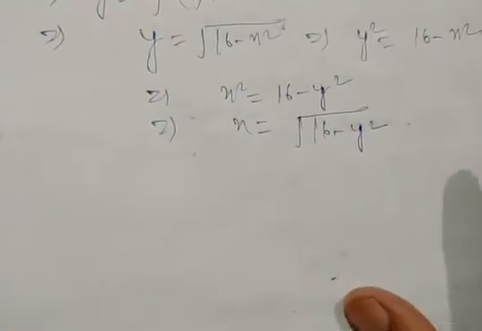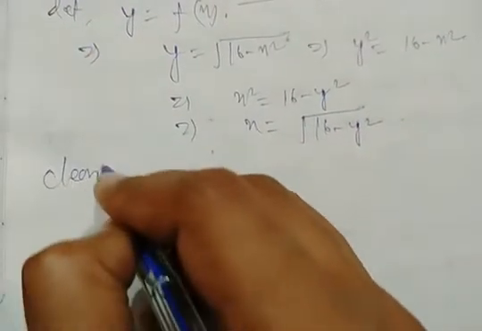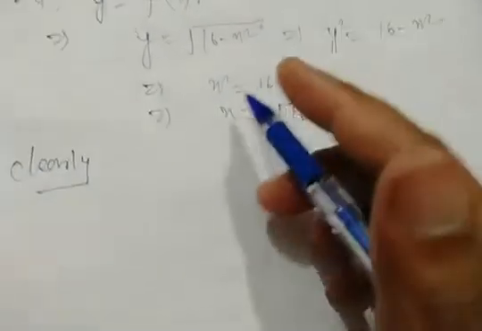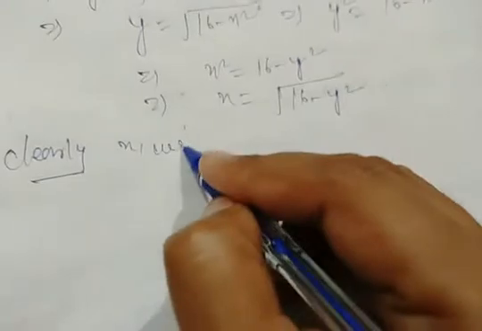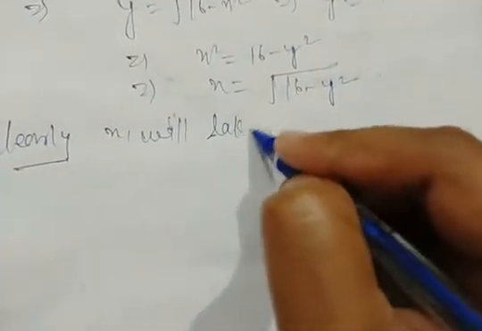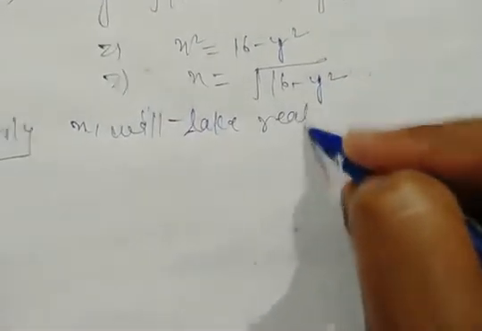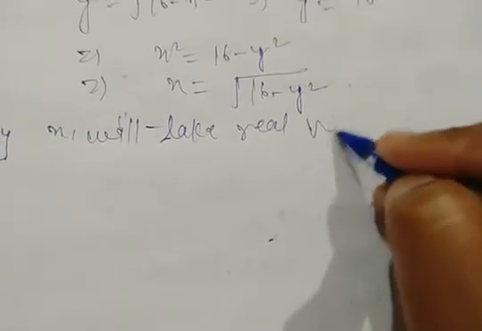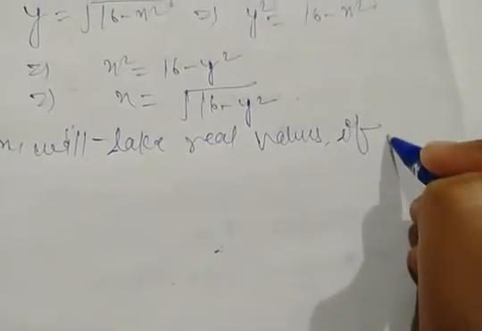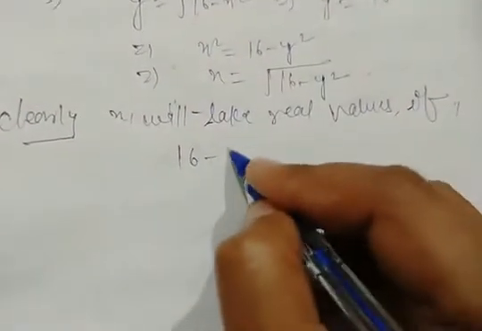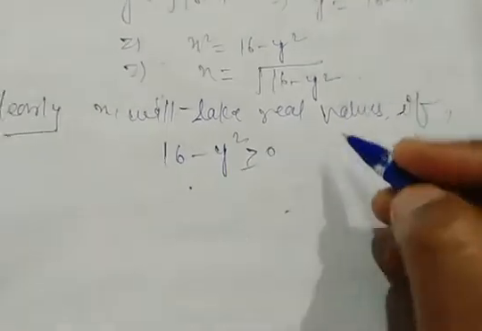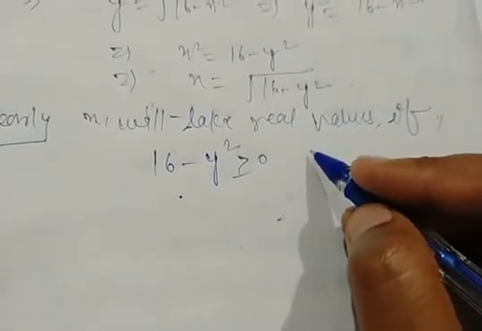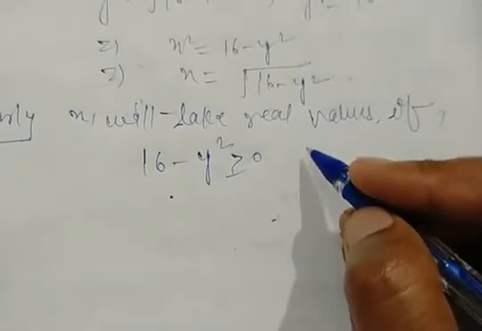Clearly x will take real values if and only if 16 minus y square is greater than or equal to 0.